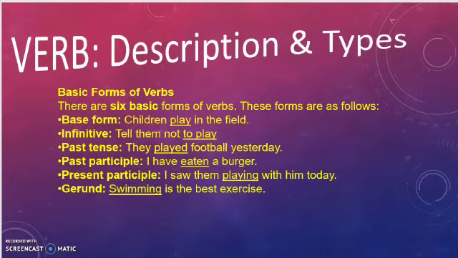Past participle: I have eaten a burger. Present participle: I saw them playing with him today. Gerund: swimming is the best exercise. Now you notice that all the underlined verbs are considered to be the basic forms of the verb.